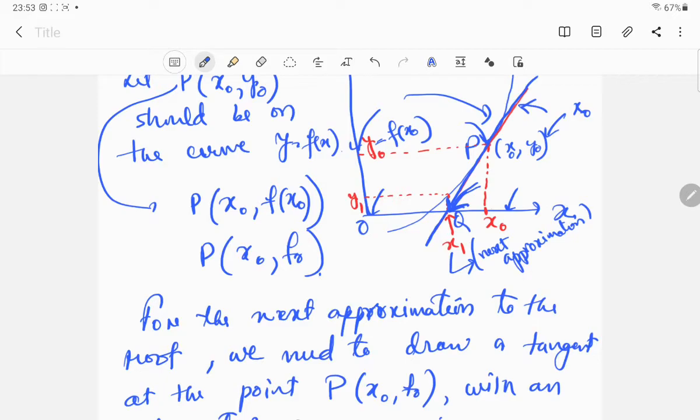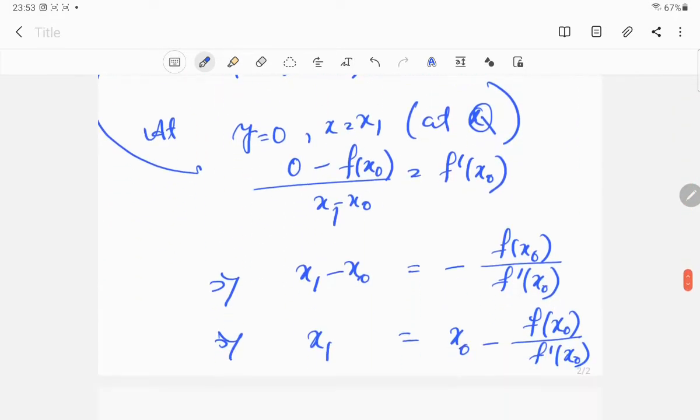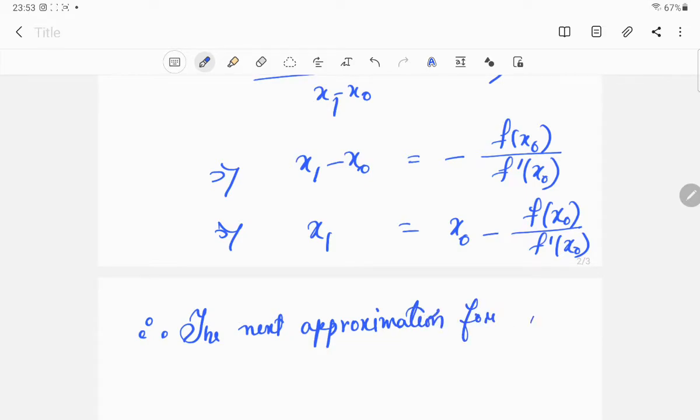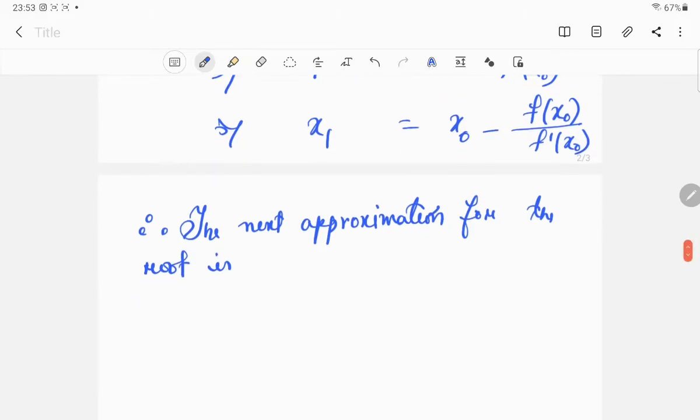At x1, y is equal to 0 and x equal to x1, so we have just put the values. Therefore the next approximation for the root is x1 equal to x naught minus f(x naught) by f dash x naught.